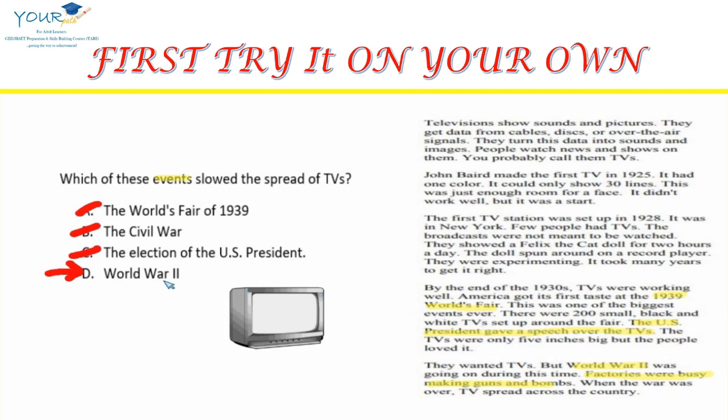We also noted that for option D in World War II, there was a slowing down of the spread of TVs because factories were busy making guns and bombs. So once again, you want to make sure that you're taking note of the events that are occurring around those particular options if they are found in the text.